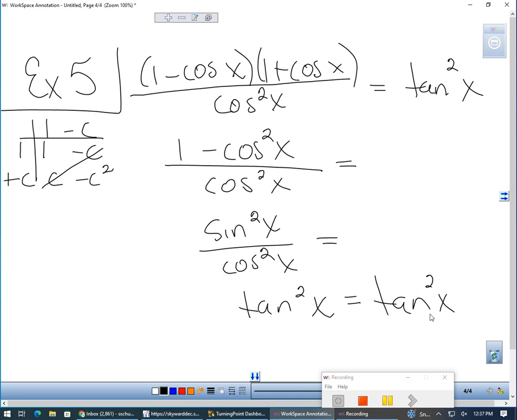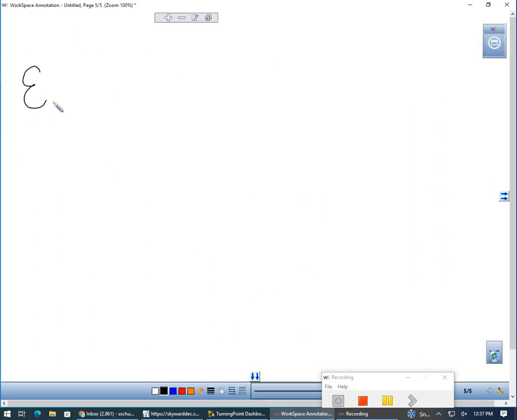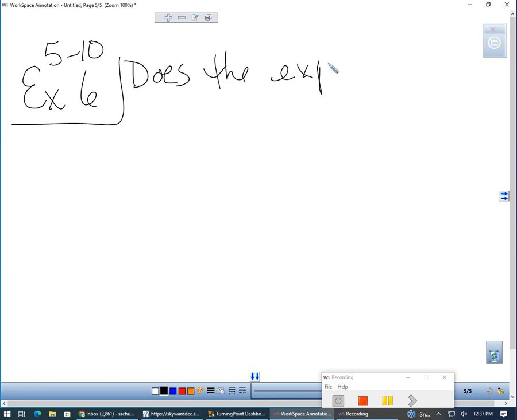Now, there is one small section, which is 5 through 10, that I want to talk about. So example number 6, this is your 5 through 10. It just wants to know, does the expression equal sine?